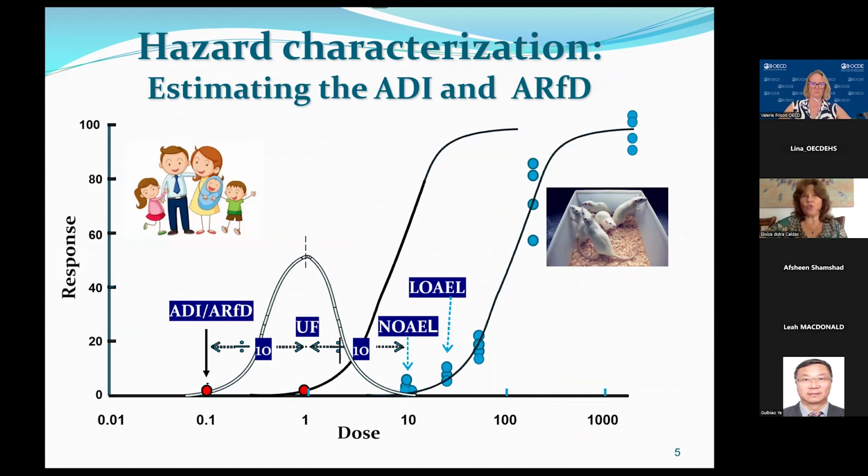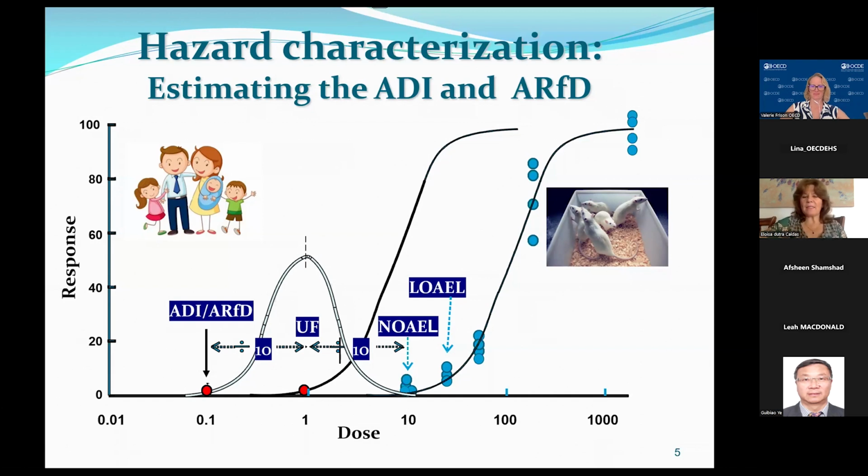Although we are aware of the new methodology approaches, here we are using the data that is actually the basis at the current moment for the establishment of these values. So you start from the data from the rat studies or dogs or mouse or whatever.